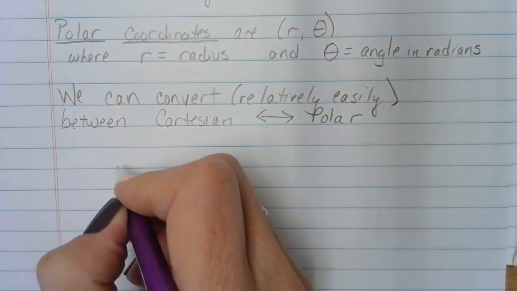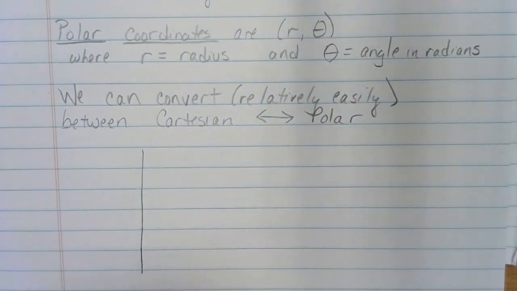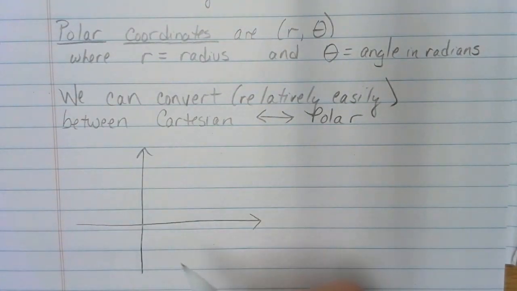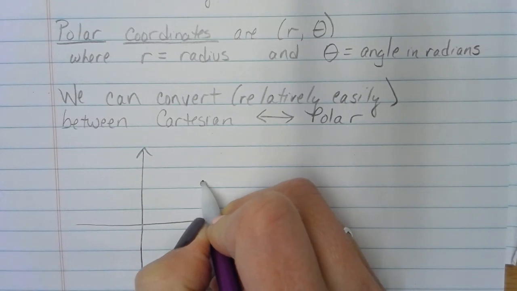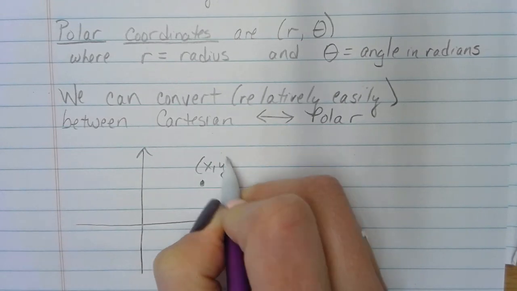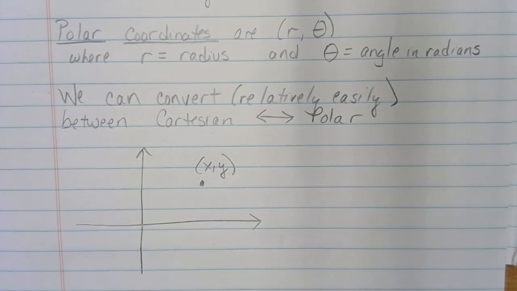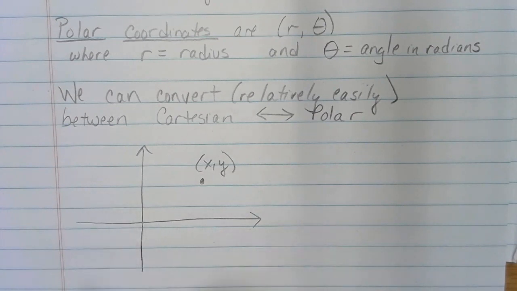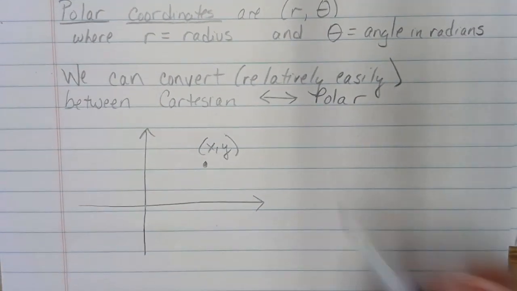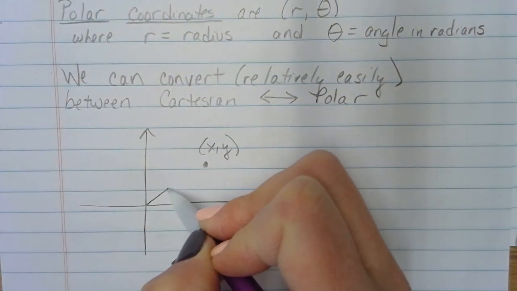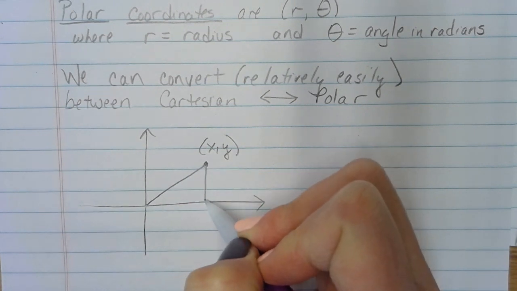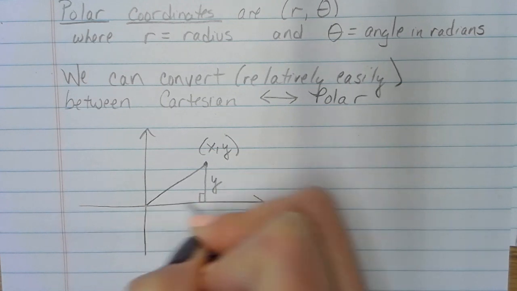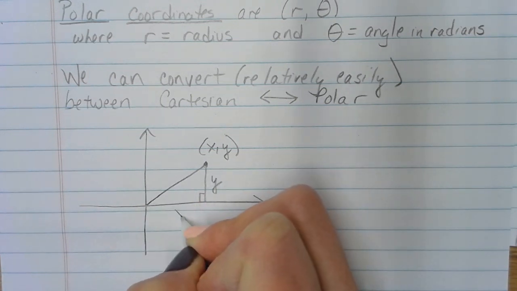We're going to go from Cartesian to polar first. So I'm just going to pick some random point out here, and I'm going to call it (x, y). For any point (x, y) on this Cartesian plane, I can draw a right triangle that has a height of y and a length of x.